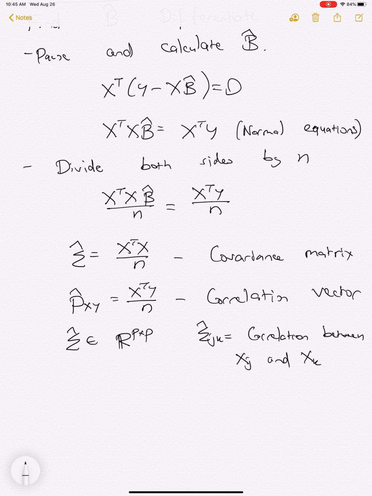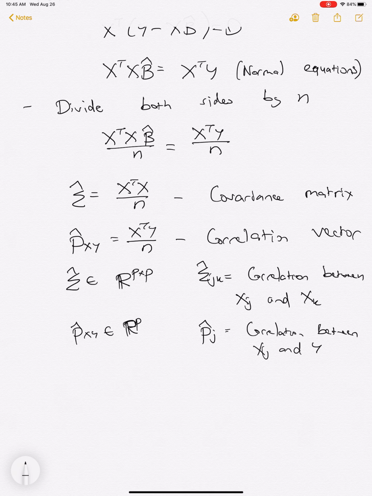Similarly, rho hat xy is a p-dimensional vector, and rho hat j is just the correlation between xj and y. So the way to interpret these normal equations is sigma hat b hat equals rho hat.